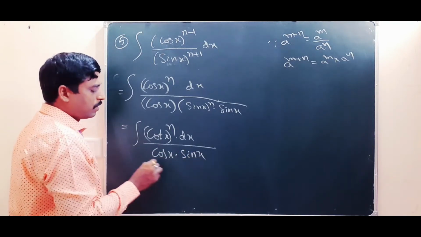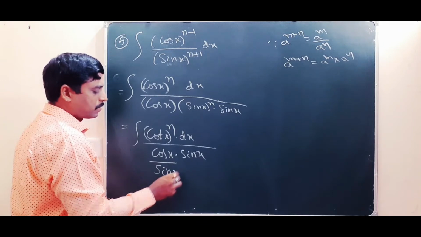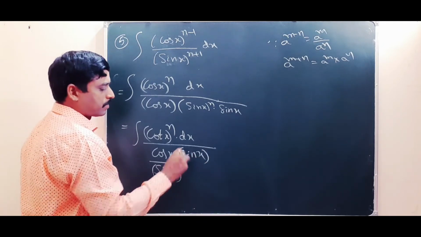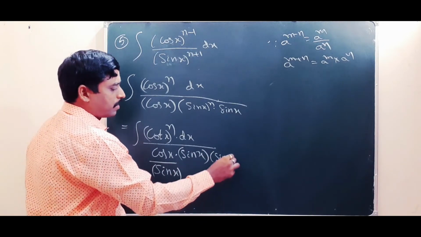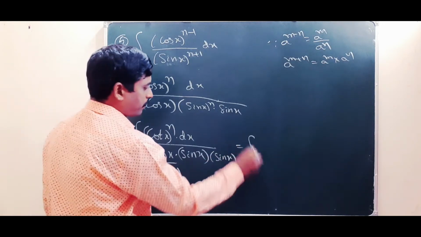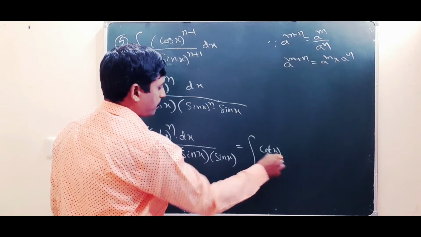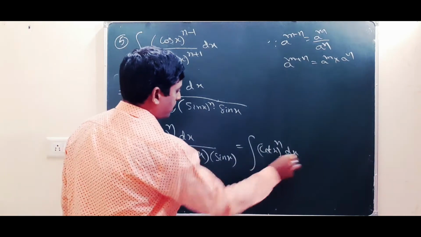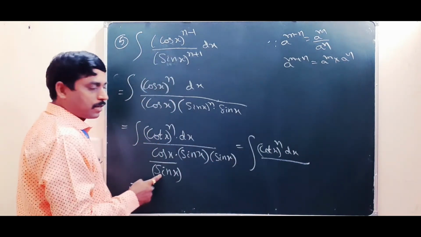In the denominator, divide and multiply by sin x. This is going to be the integral of cot x to the power n dx by cos x by sin x.